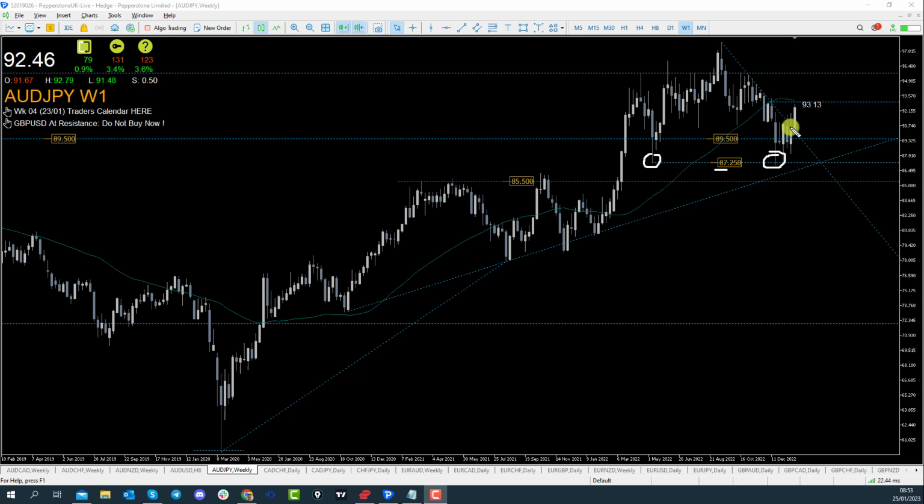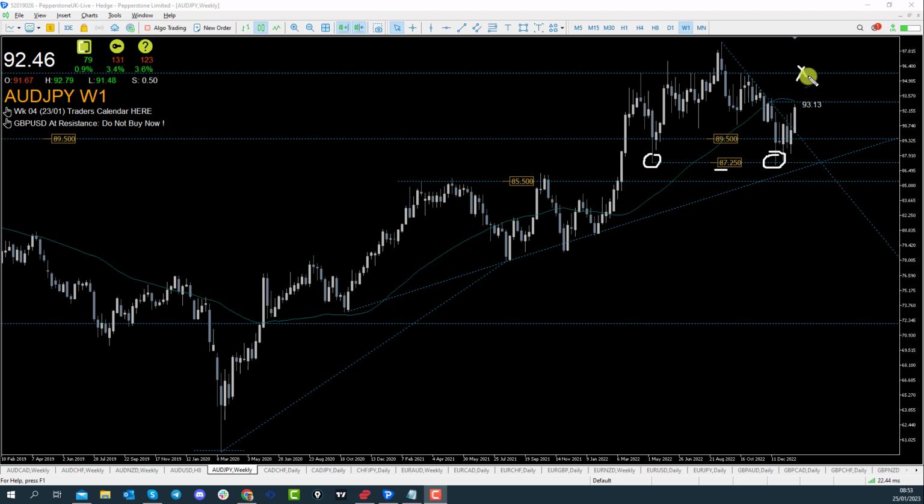We were kind of capped around this area recently, and this week we've broken through that area and continued to push higher. So in that case, price may want to return back to the highs through here, which is around about that 96 handle.